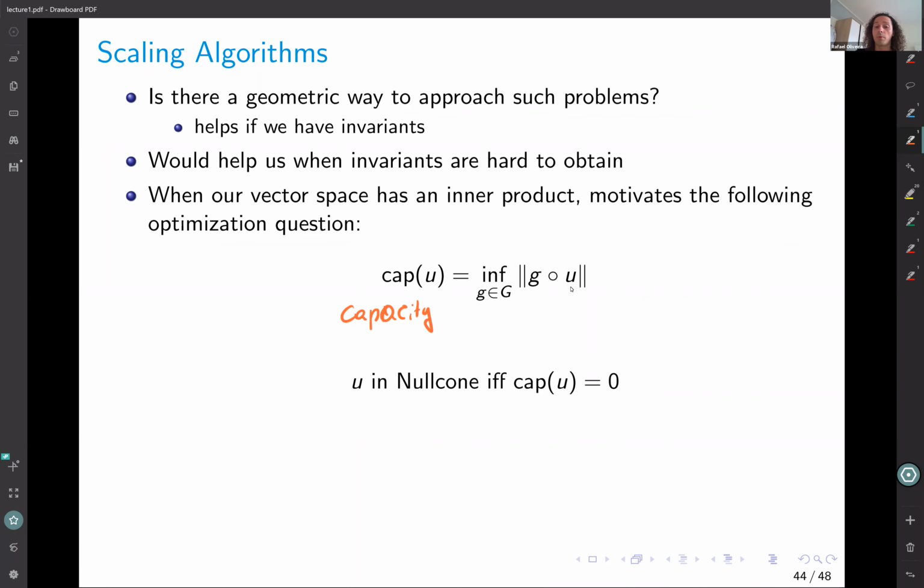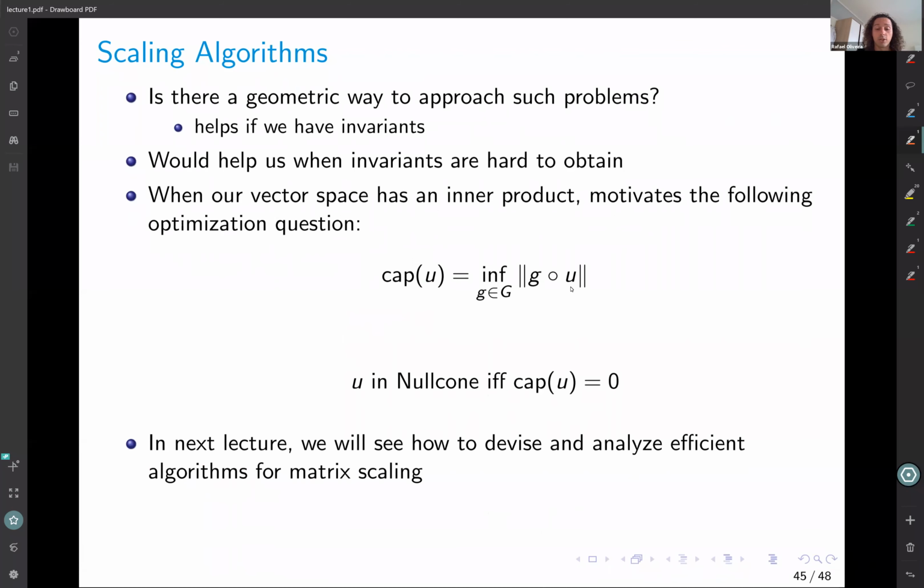Because the infimum being equal to 0 is exactly equivalent to saying that there's a sequence g_t in the group such that g_t acting on u tends to 0. So this problem exactly captures the null cone problem.